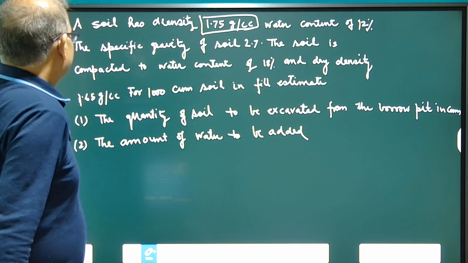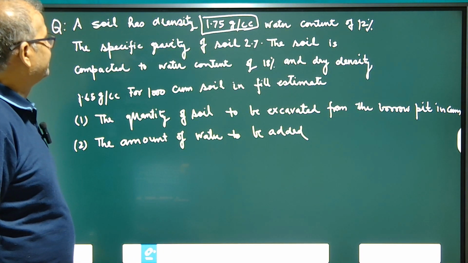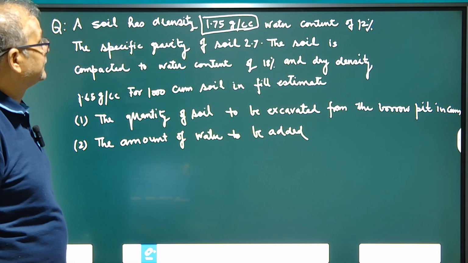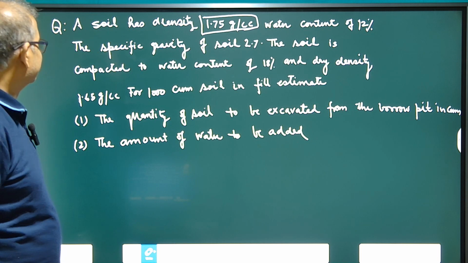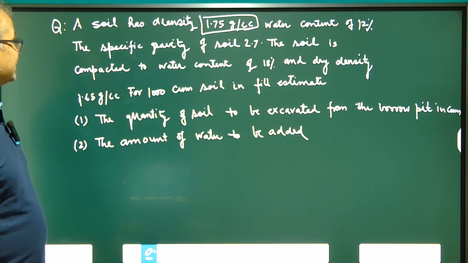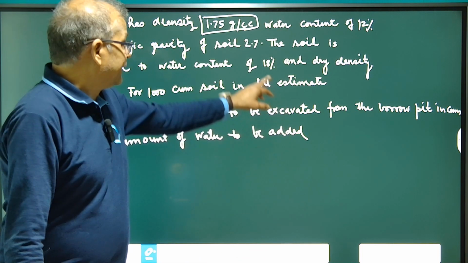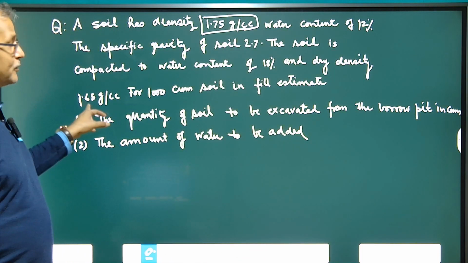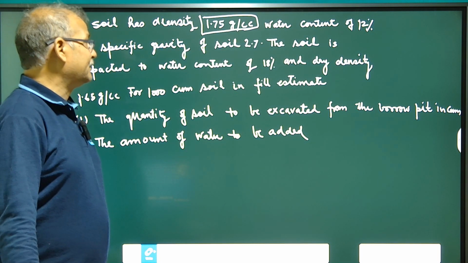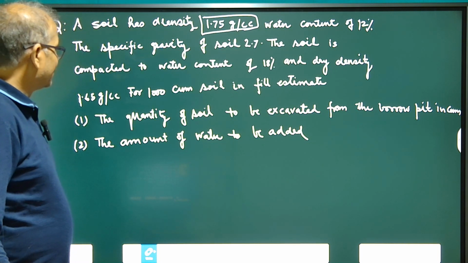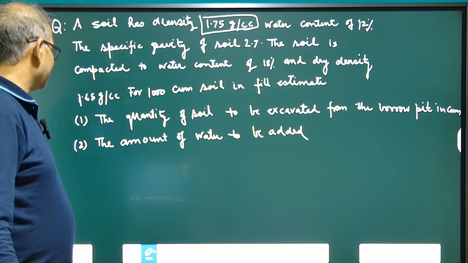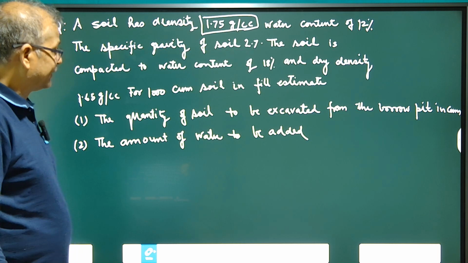The question is: a soil has density of 1.75 gram per cc, water content of 12%, the specific gravity of soil is 2.7, the soil is compacted to water content of 18% and dry density 1.6 gram per cc. For 1000 cubic meter soil in fill, estimate the quantity of soil to be excavated from the borrow pit in cubic meter, and the amount of water to be added.